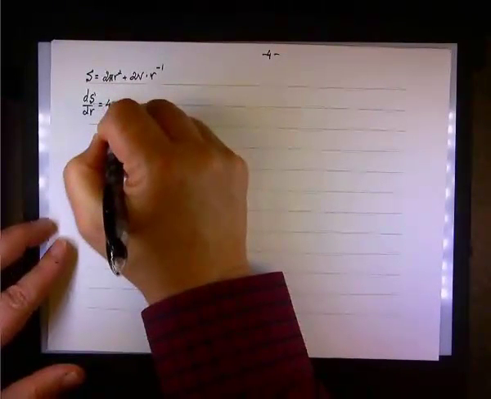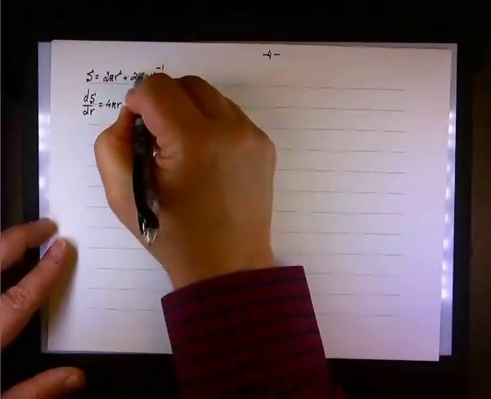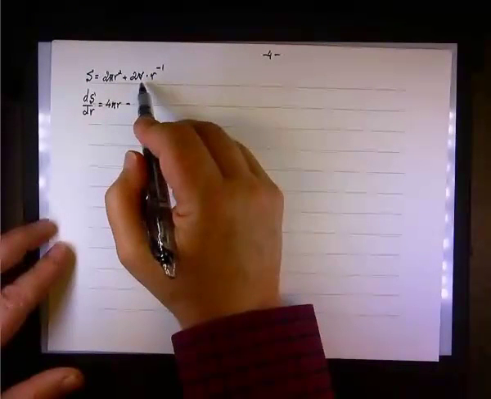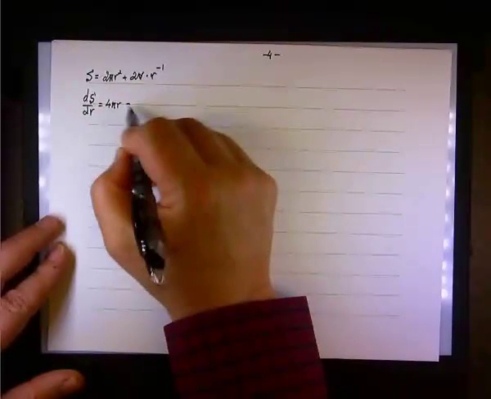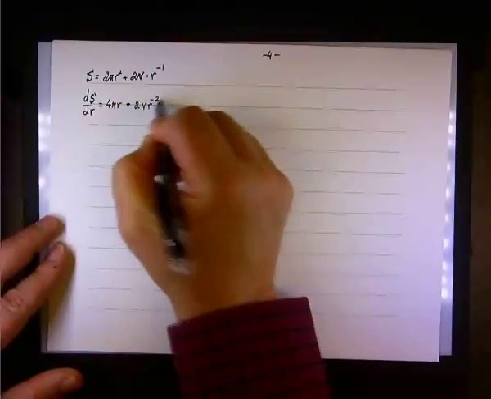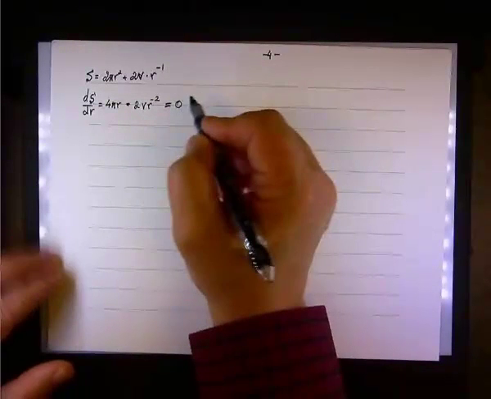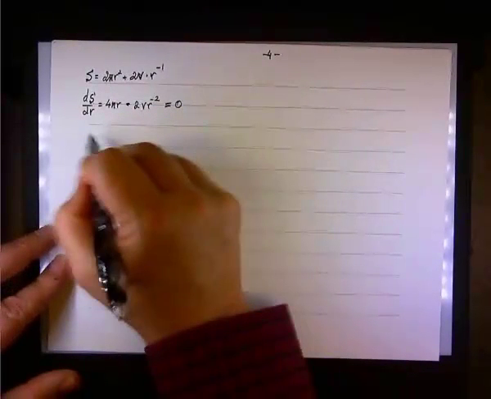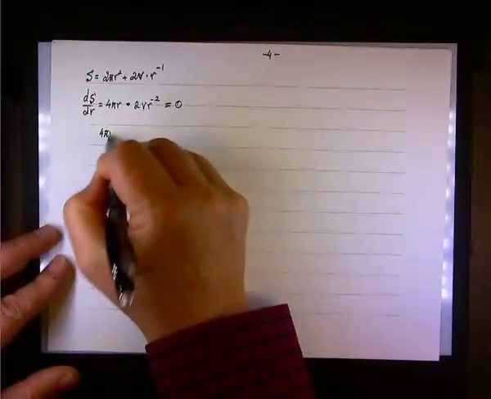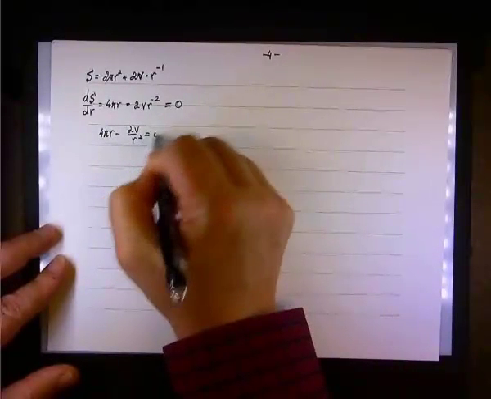All right, so the derivative here is a fairly simple proposition. 4 pi r minus, remember, V is a fixed number, so minus 2V r to the negative 2. And for the critical number, we want it to equal 0. We can write it as 4 pi r minus 2V divided by r squared equals 0.